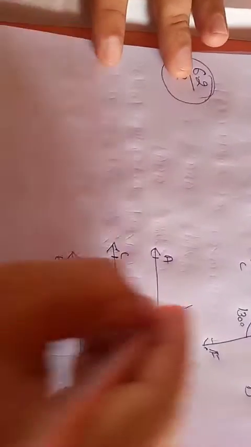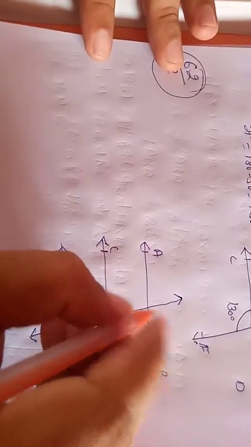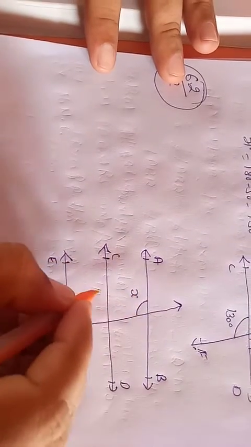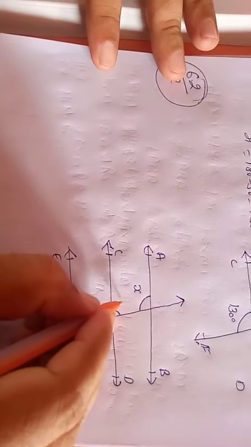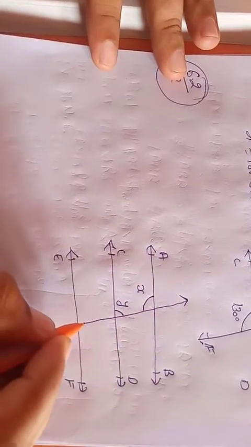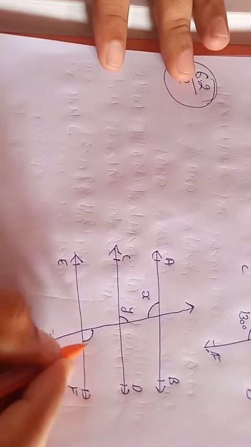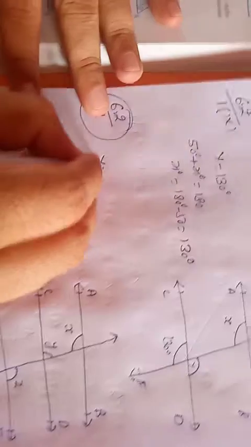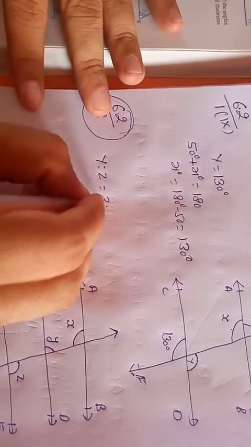This is a line intersecting them. So this angle is X, this angle is Y, and this is Z. And Y to Z is equal to 3 to 7.